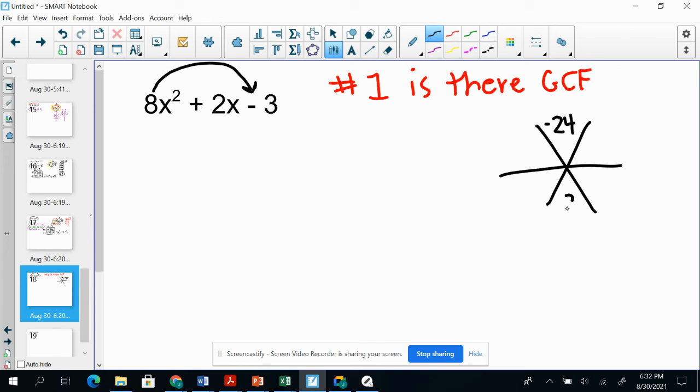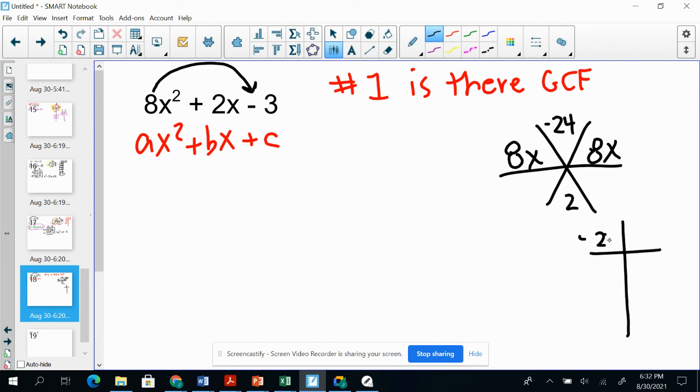And then B, which is the second term, because remember, it's AX squared plus BX plus C, that goes on the bottom. Then we have AX here, so 8 in this case, and an X, and 8, and an X. And now we're looking for our multiples of 24 that will add or subtract to give me 2.